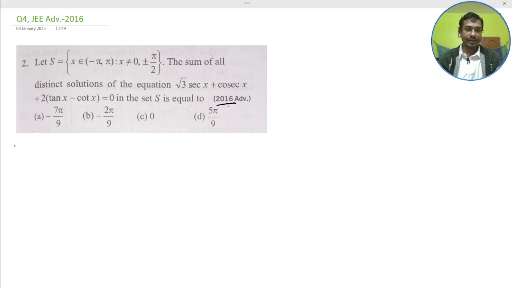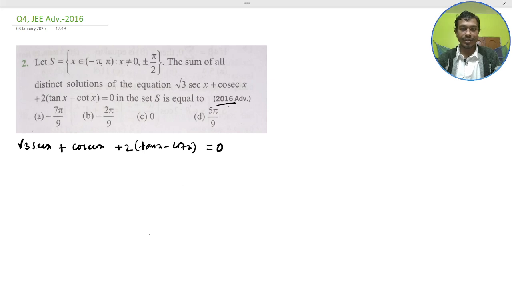So our given equation is root 3 sec x plus cosec x plus 2 times (tan x minus cot x) equal to 0. Just solve this.